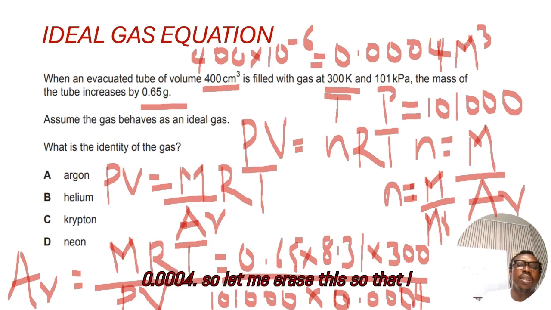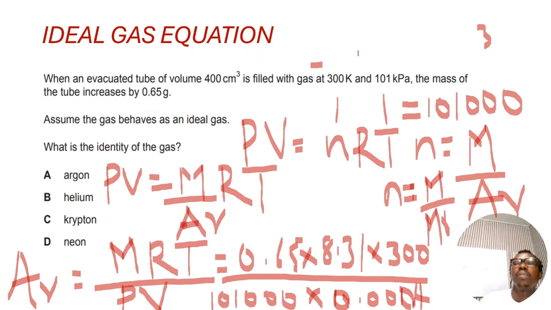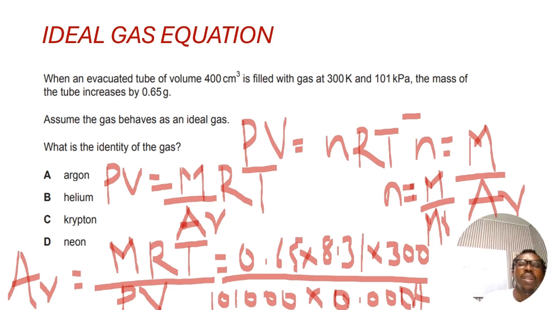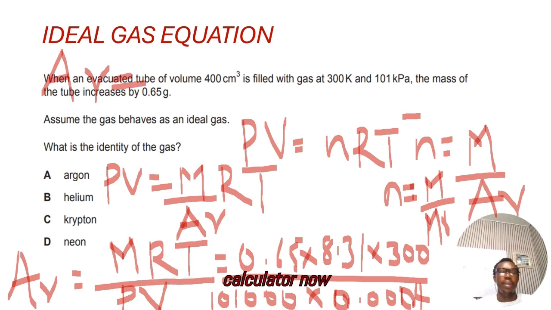So let me erase this so that I will have enough space. So the atomic mass of the gas will be equal to, I'm going to use my calculator now.